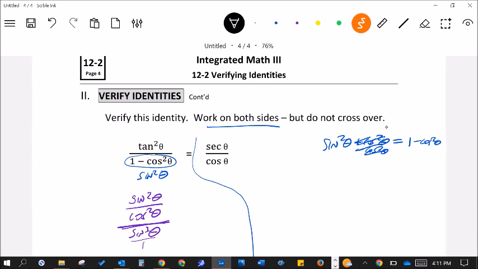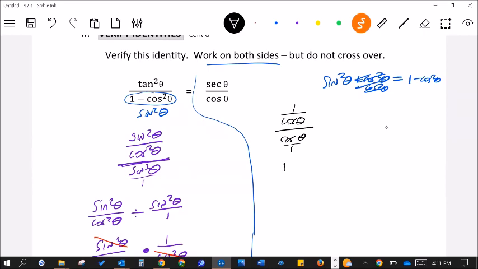So I'm going to change them to sine and cosines, which means secant is 1 over cosine theta, divided by cosine theta over 1. So this is dividing, so that's 1 over cosine theta divided by cosine theta over 1. Now I'll do the reciprocal because that's what you do with fractions.